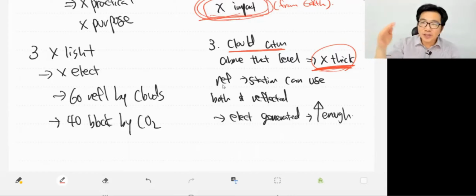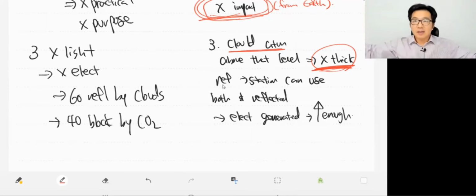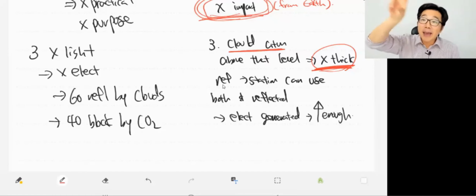All right. So if you're at the surface, the light is reflected from the clouds back into space, and you cannot get any of that sunlight if you are trying to live at the surface. But if you're in the atmosphere, if you're higher up, then you can actually catch some of the reflected light from the cloud as well. Understood? Yeah.